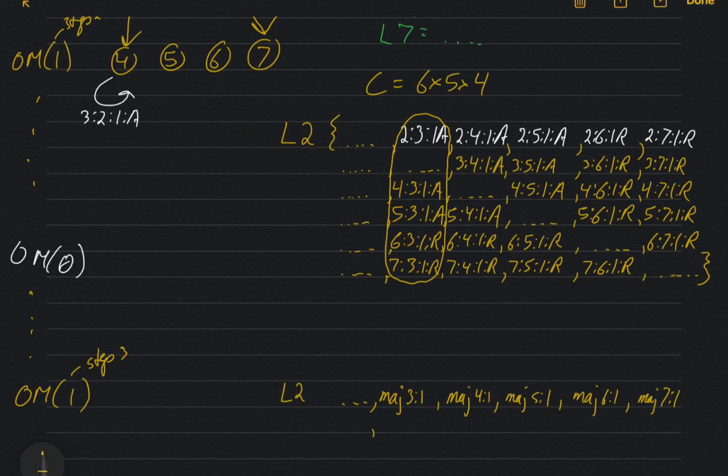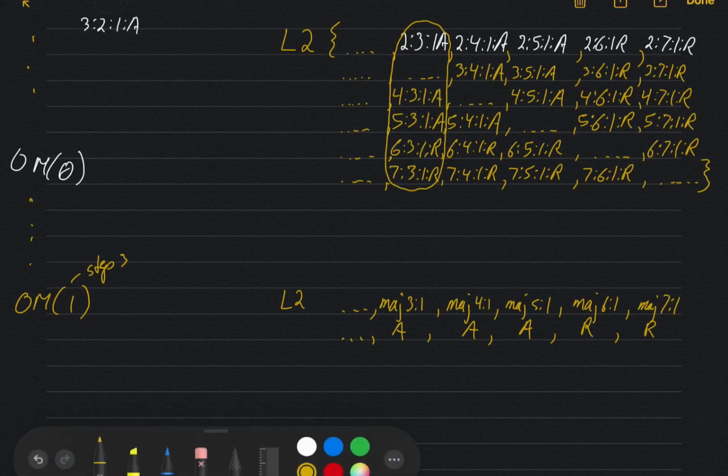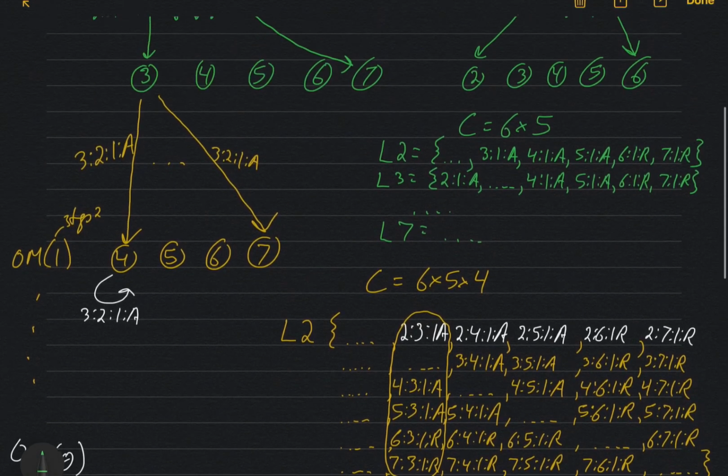So this will be attack. For column 4 it will be attack. For column 5 it will be attack. For column 6 it will be retreat, and for column 7 it will be retreat. And for the last level of recursion, let me just go back up here.